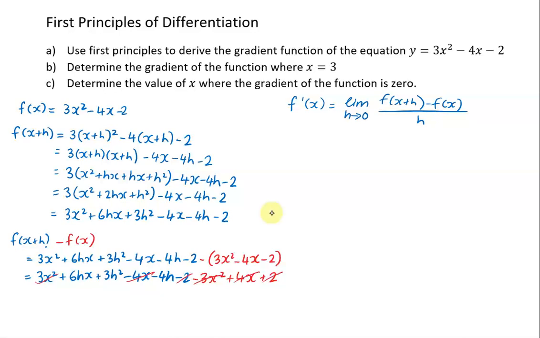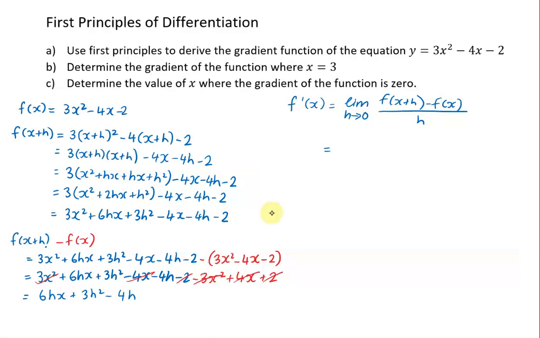And as we expect, every term from that original red function has cancelled, which is what we hope will happen each time we calculate f of x plus h minus f of x. And so that leaves us with 6hx plus 3h squared minus 4h for our numerator of the formula, which we can now substitute in.